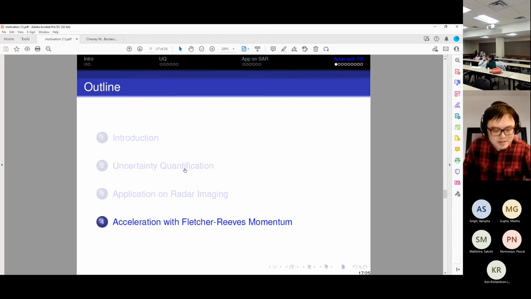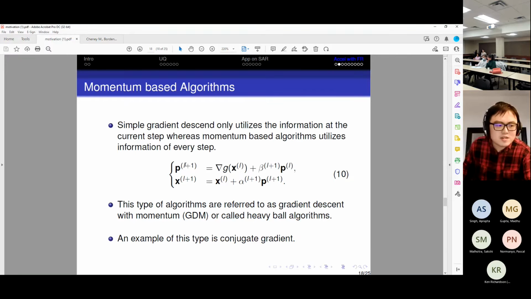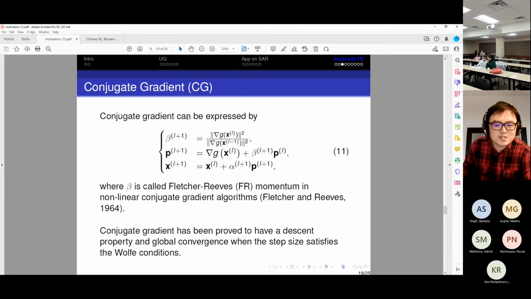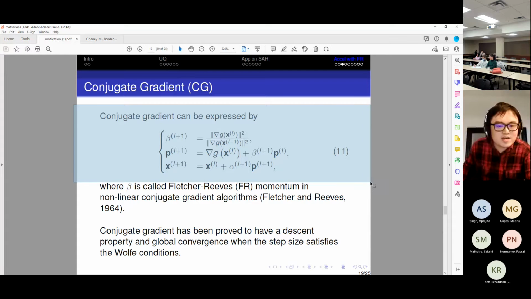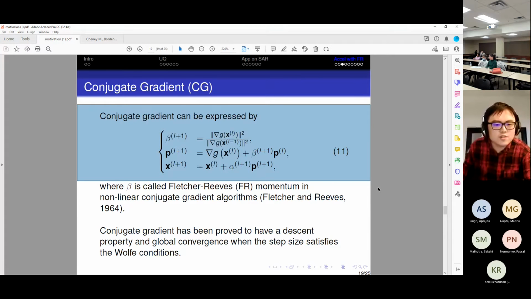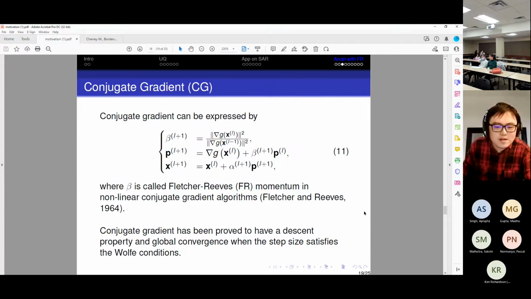And then I built up acceleration schemes for compressive sensing algorithms, and I proved the acceleration schemes using linear examples. So you may see that this is the classic conjugate gradient algorithm.